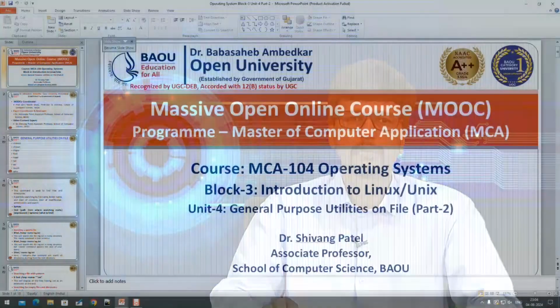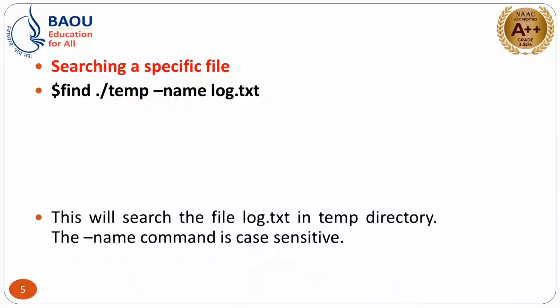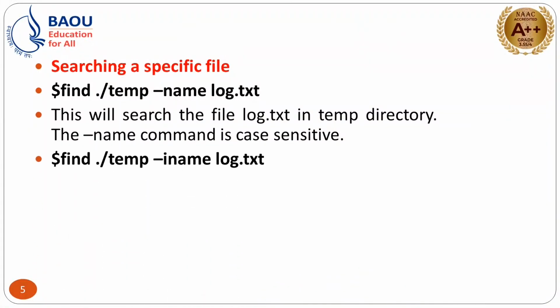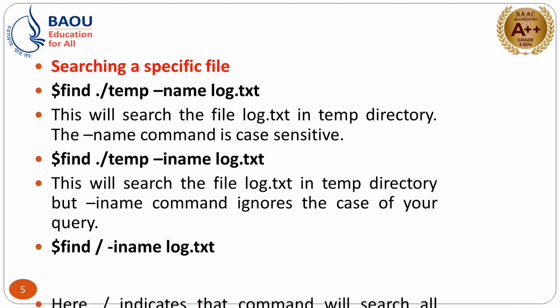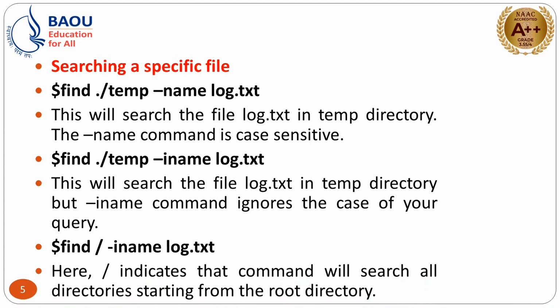Now move again into our presentation, a few more commands. This iname that we have discussed is to ignore the case, then after this slash, then iname and log.txt. What does it mean? Observe one thing here, I have not provided dot. If you provide the dot, that means you want to search from the current directory.